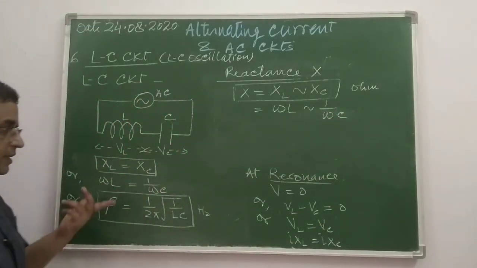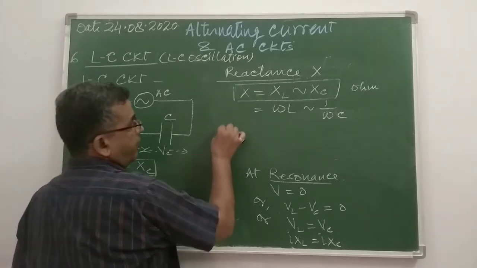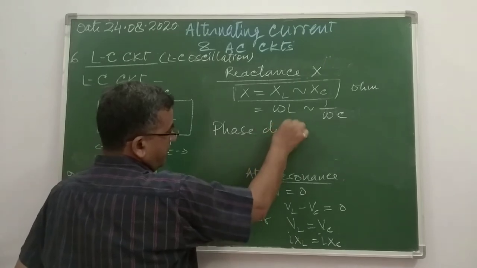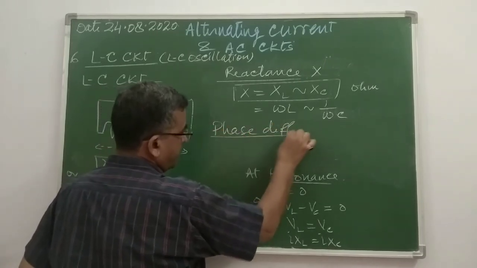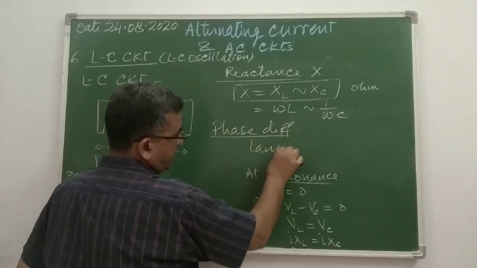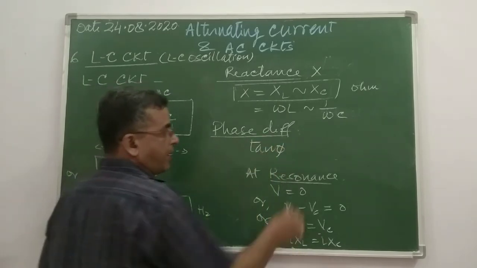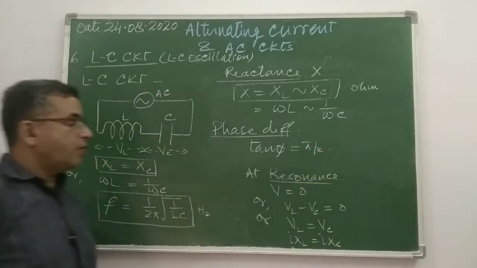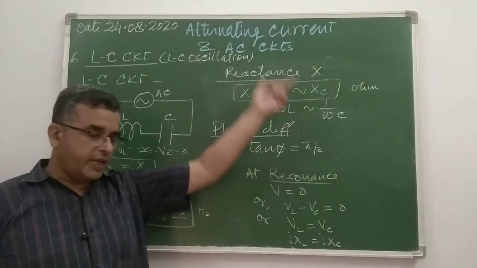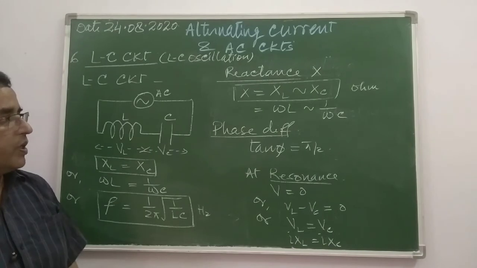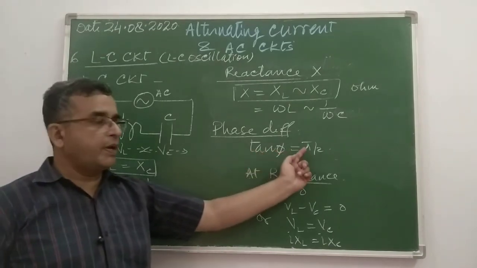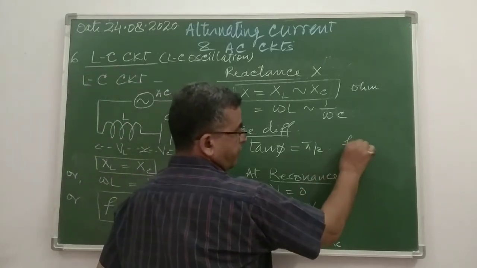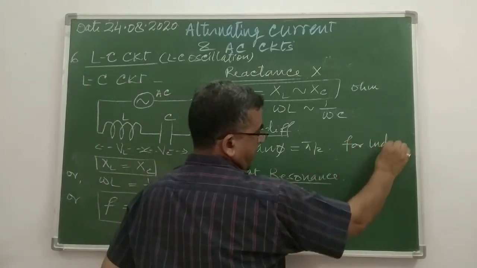The phase difference is pi by 2. So if it is an inductive circuit, the phase difference will be plus pi by 2 for inductive circuit.